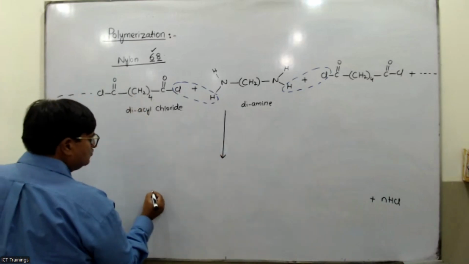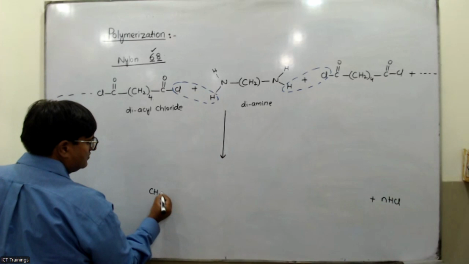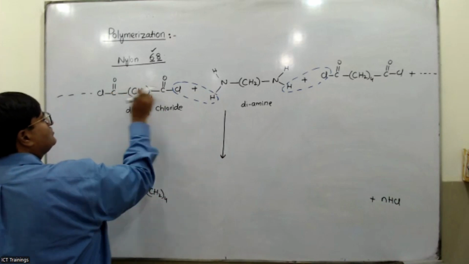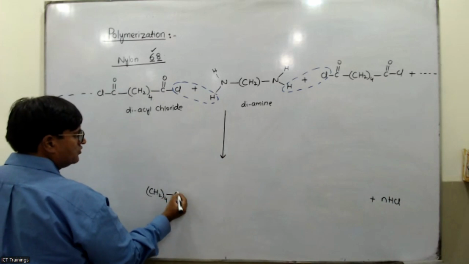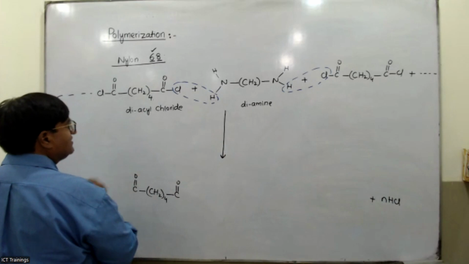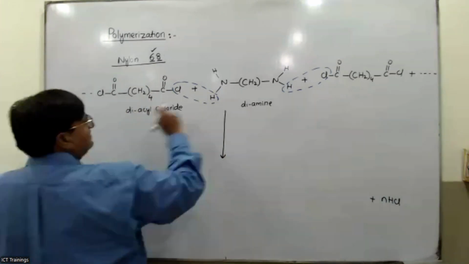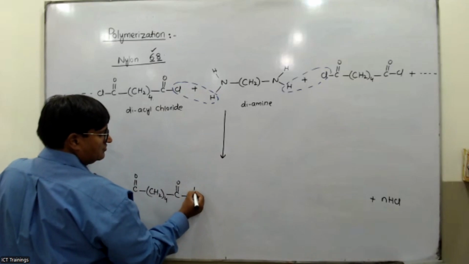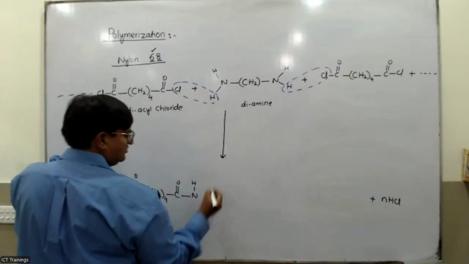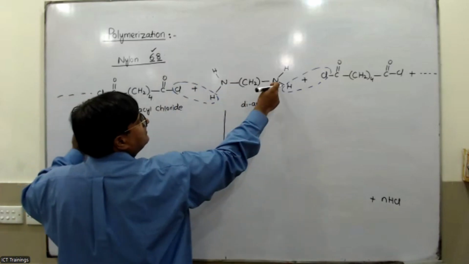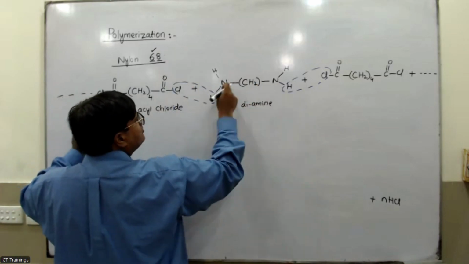So this is CH2 4 times, and on both sides you have C double bond O, so draw the C double bond O on both sides. Then join this one with NH. This one contains the 8 carbons, so nitrogen, nitrogen.